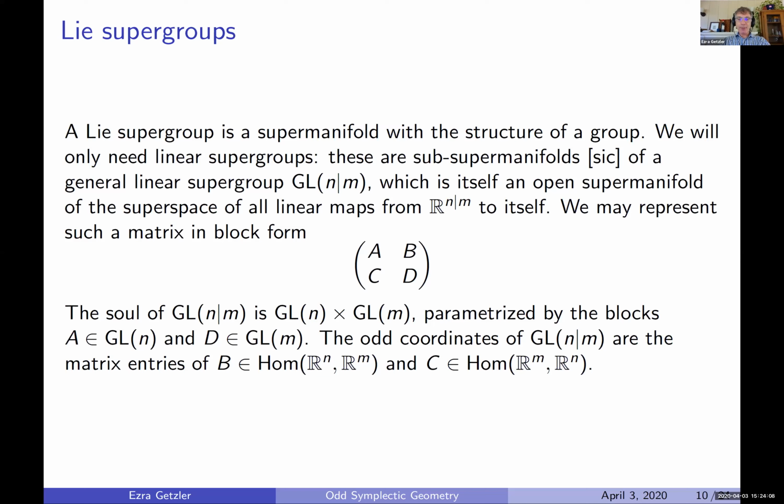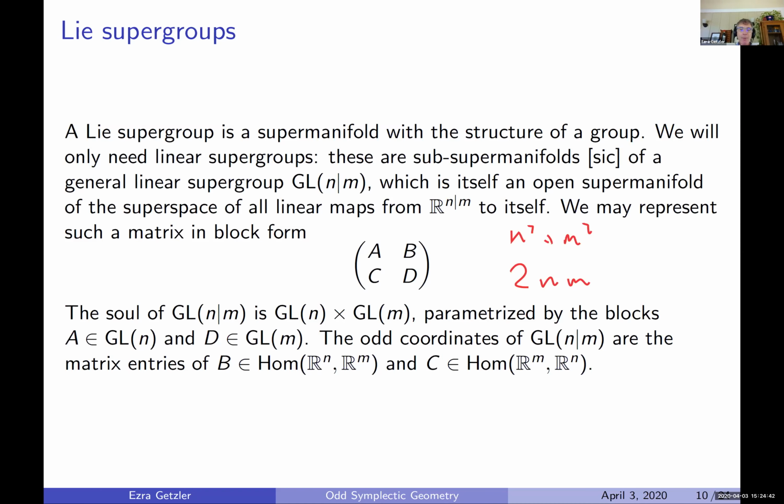The even part has dimension n squared plus m squared, and the odd part has dimension 2nm. Okay, and you see they add up to (n plus m) squared. So now what we do is inside that superspace, we take an open subset. Open, I should have written sub-supermanifold.